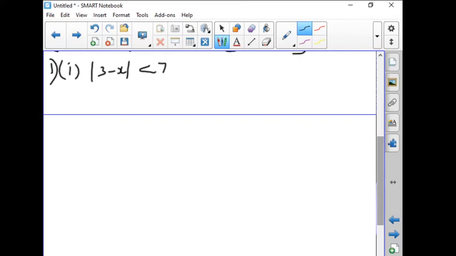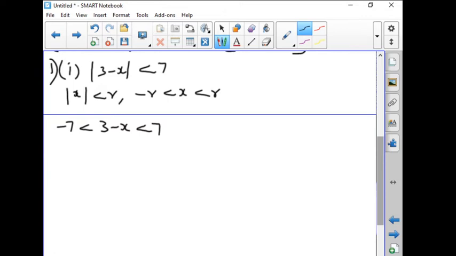We have seen already modulus of x, when it is less than r, then we have minus r less than x less than r. So here r is 7, therefore we have minus 7 is less than 3 minus x is less than 7.